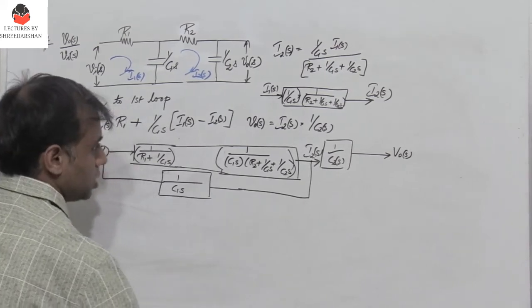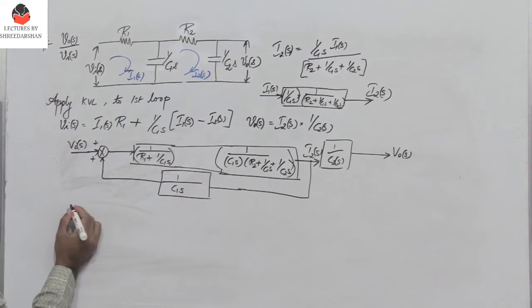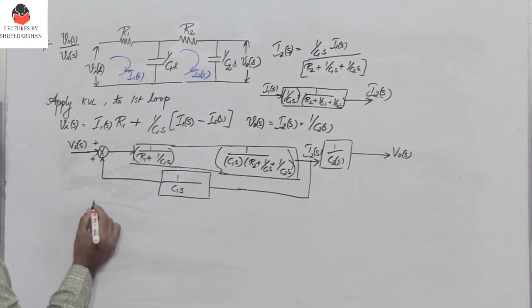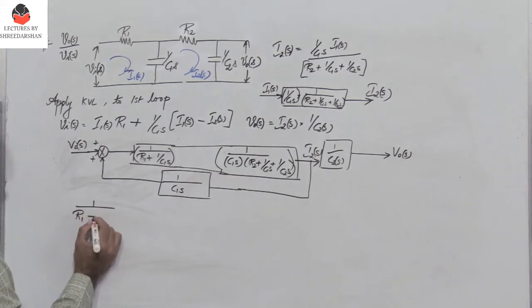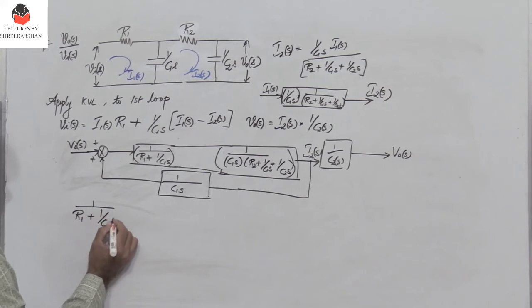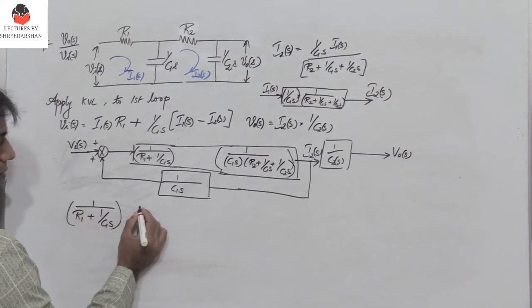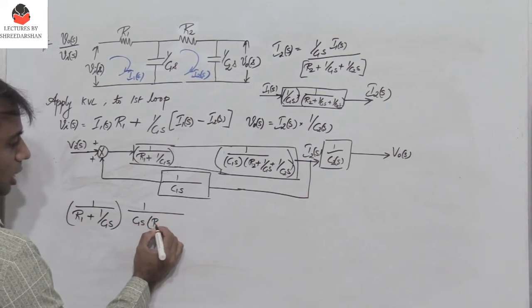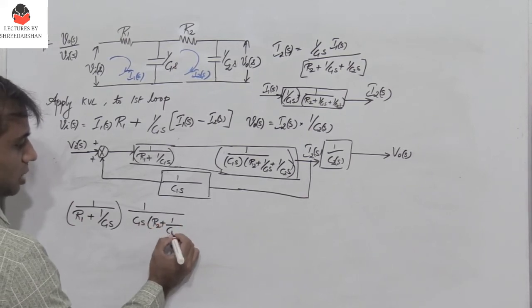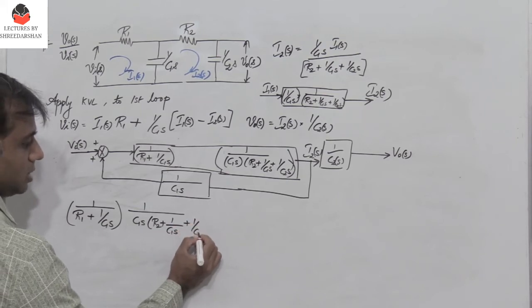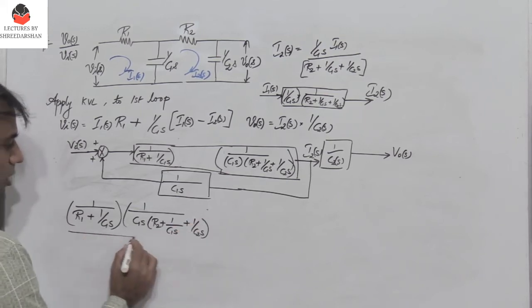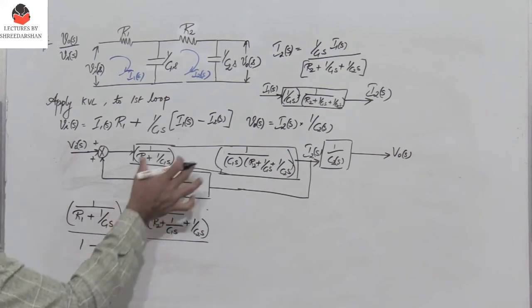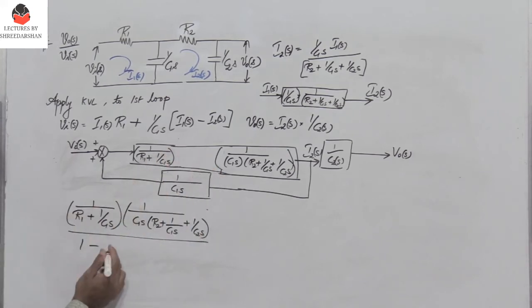So to get the expression, this entire thing is G of S. So I have G of S is 1 divided by R1 plus 1 by C1S into 1 divided by C1S into R2 plus 1 by C1S plus 1 by C2S divided by 1 minus this expression into this.